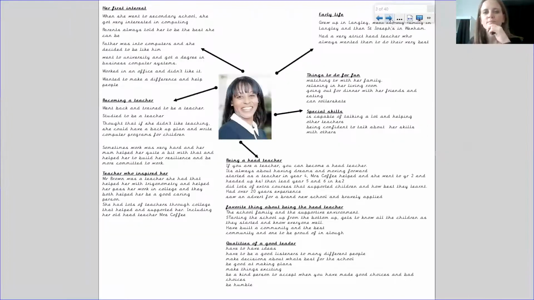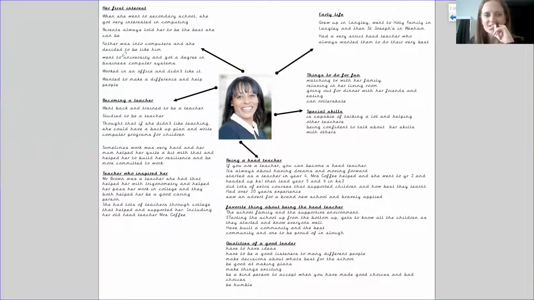Right, so you can see that actually when I was writing this out, I put some subheadings that I thought we could use when we were writing and with the information. So you can see I've got something about Mrs. Bowen's early life. I've got her first interest, what interested her first.